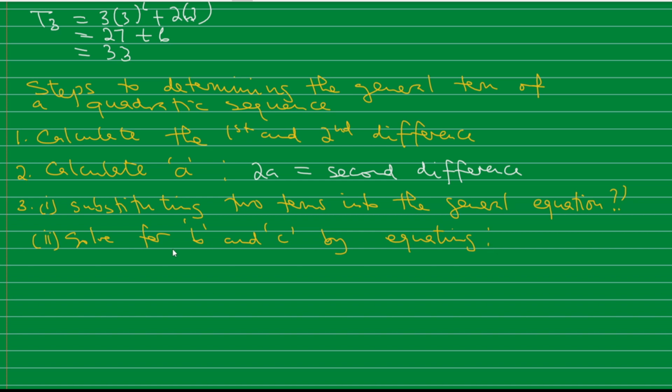So this is how you equate. You equate 3A plus B to the first term in your first differences. And also you equate A plus B plus C to the first term in your quadratic sequence.